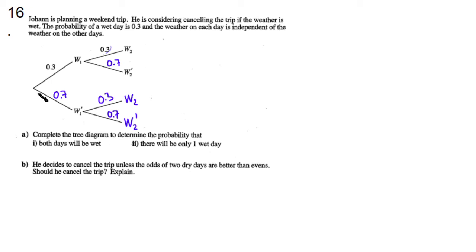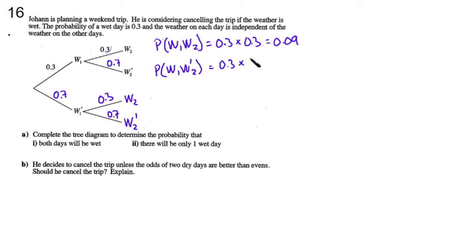If the first day is wet and the second day is wet, the probability of having a wet day 1, wet day 2 is simply going to be 0.3 times 0.3 equals 0.09. The probability of the first day being wet and the second day not being wet would be 0.3 times 0.7, which is 0.21.